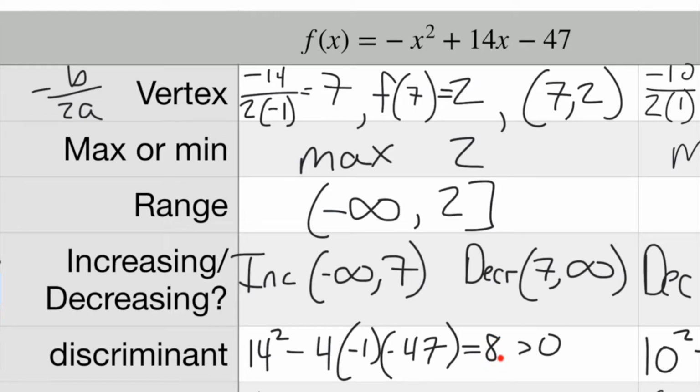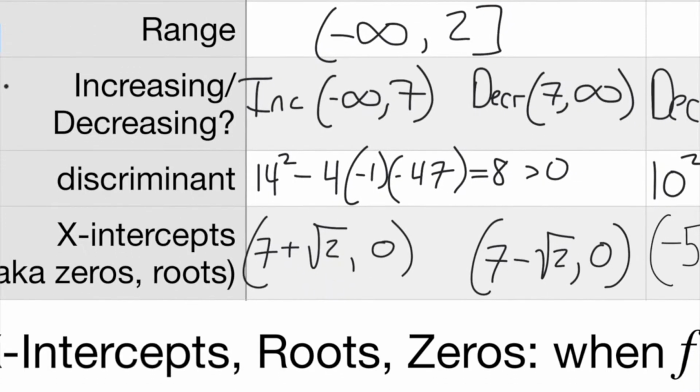That means the square root will evaluate to a positive number, so the whole quadratic formula will evaluate to 2 answers. It's greater than 0, so you'll get 2 real answers and 2 real intercepts of the x-axis, as you can see here.